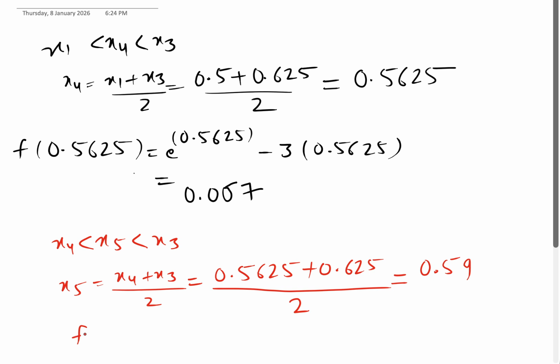If I calculate f of 0.59, it will be e raised to the power 0.59 minus 3 times 0.59, which is 0.033.